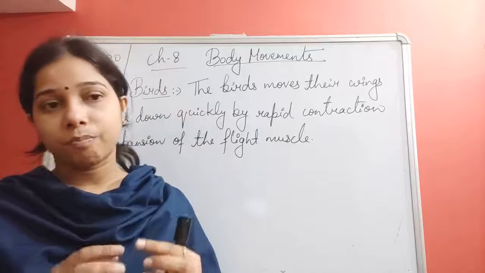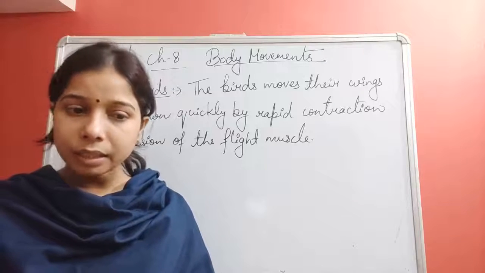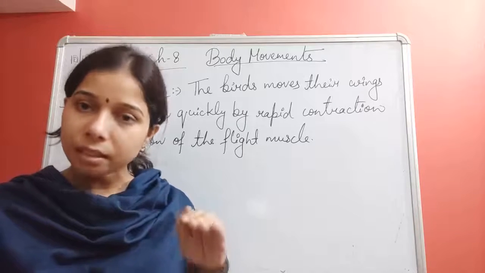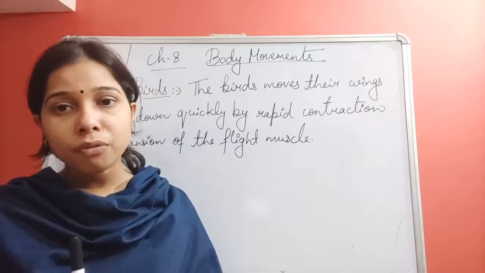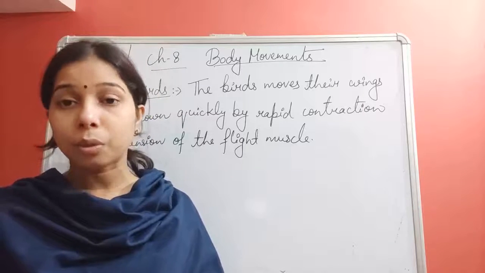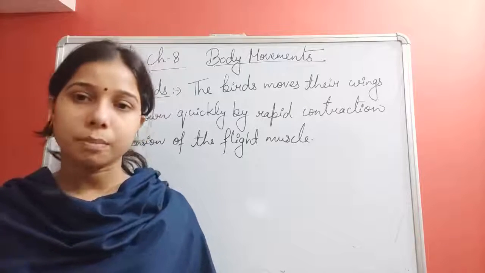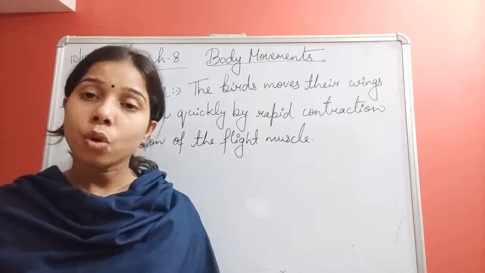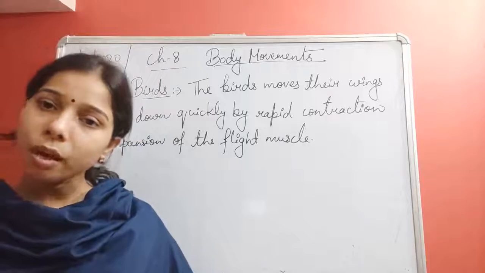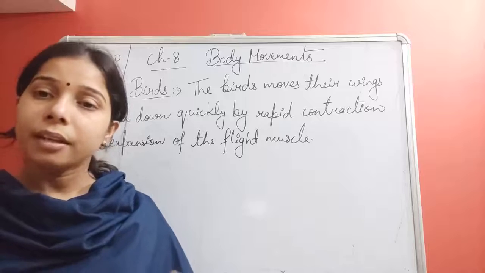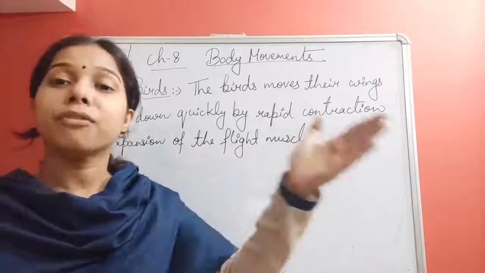Now, not only this student, but while moving the wings in the downward direction, it also pushes the air not only downward but in the backward direction. So downward as well as backward. So the air will also apply an equal amount of force in lifting it in the upward direction as well as in the forward direction.